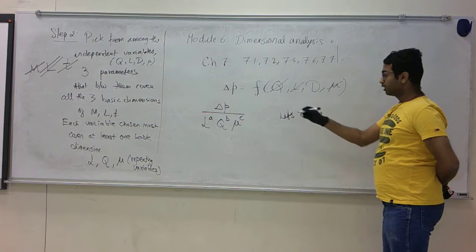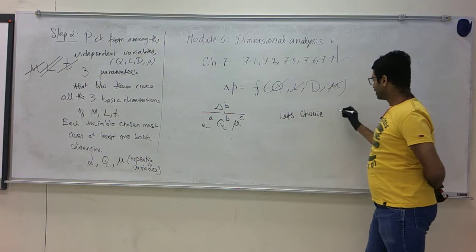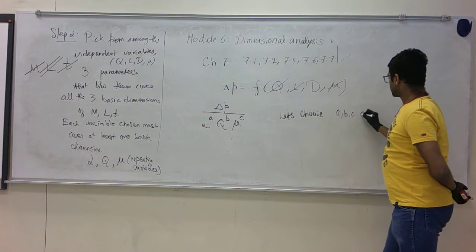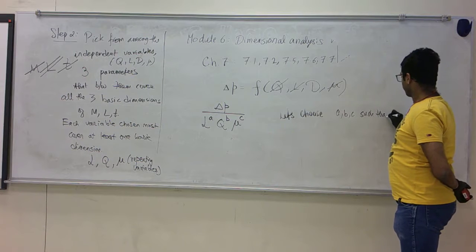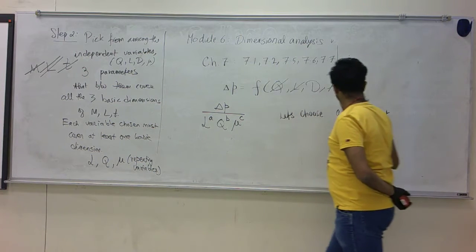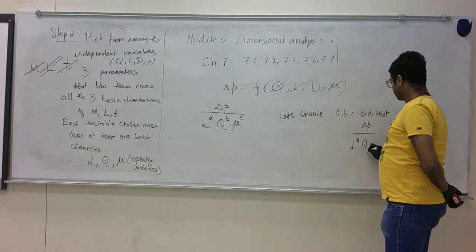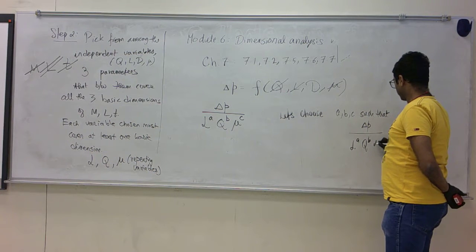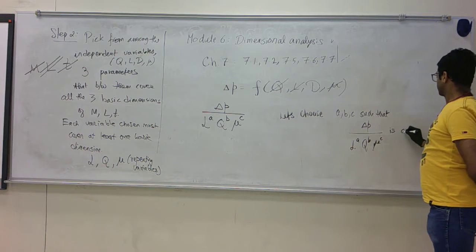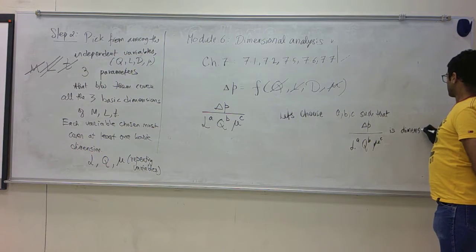These numbers A, B, C such that this ratio, delta P divided by L to the power A, Q to the power B, and mu to the power C, is dimensionless.